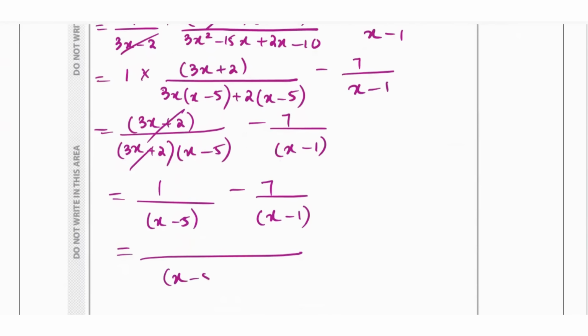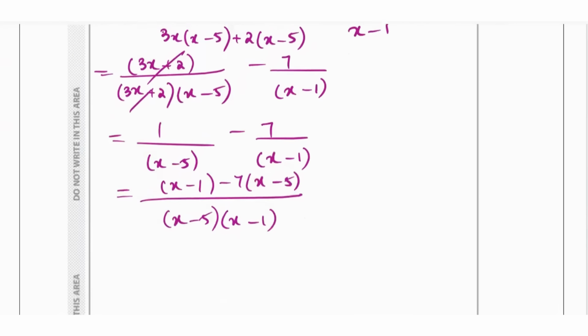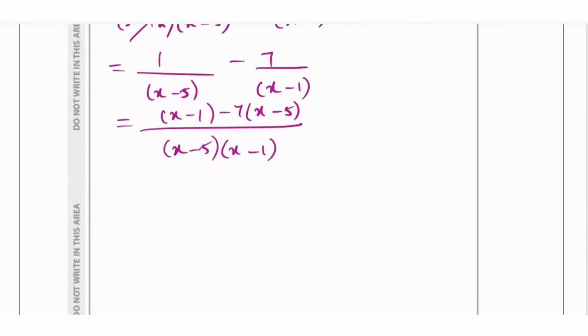So x minus 5 times x minus 1, x minus 1 minus 7 times x minus 5. Fractions with unlike denominators can only be added or subtracted if we make the denominators equal. So x minus 5 times x minus 1 is the common denominator. So we multiply the first fraction by x minus 1 and the second by x minus 5.